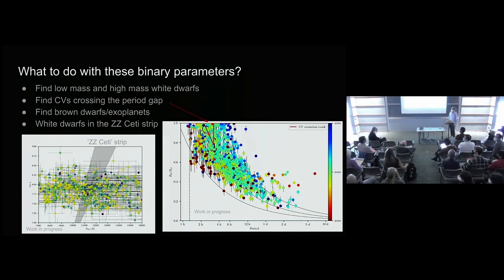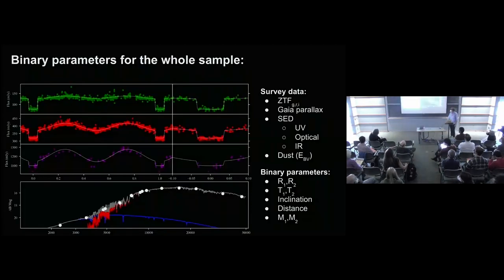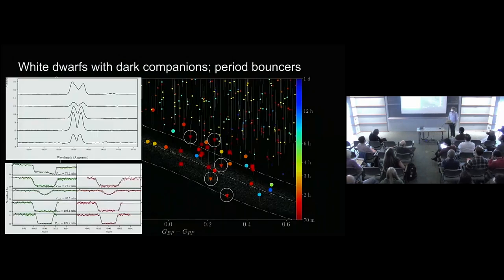Thanks. I wanted to ask about the period bouncers. There's this whole literature about missing period bouncers. The selection effects are a little bit important, but I would guess for that population they're more tractable to model, because the white dwarfs are cool and it's mostly just geometry. Do you have an estimate of how many there are and how it compares? Oh, yeah, I didn't mention that.